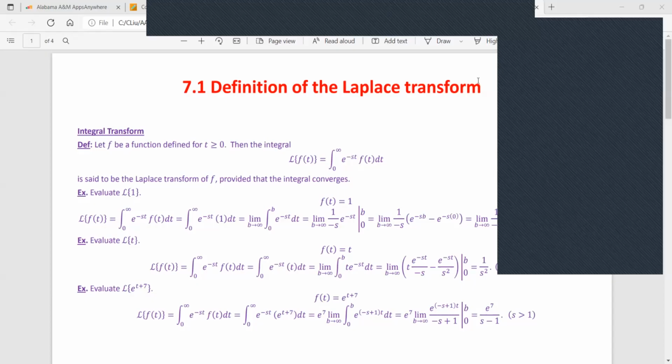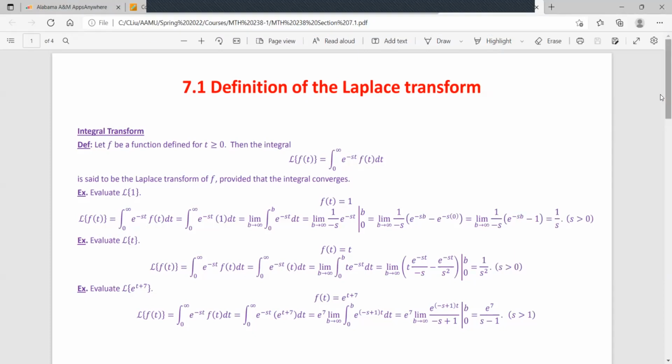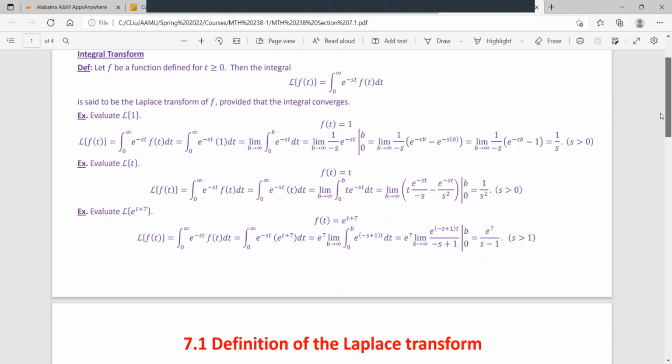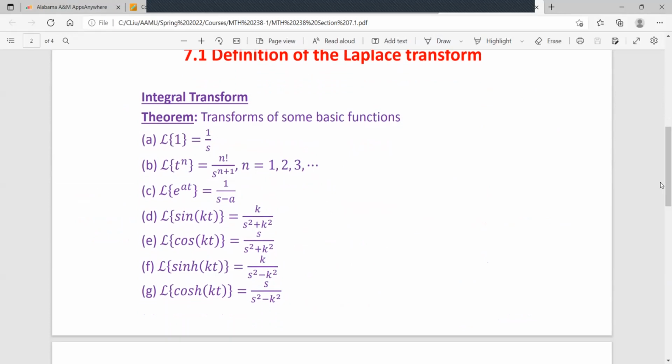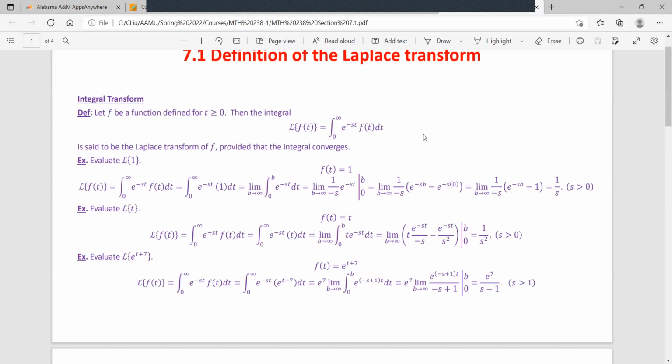Now today we just continue with section 1 of chapter 7 and discuss some properties of the Laplace transform. As we just discussed, the definition of the Laplace transform is the integral of a function f of t times e to the negative st, integrated from 0 to infinity.